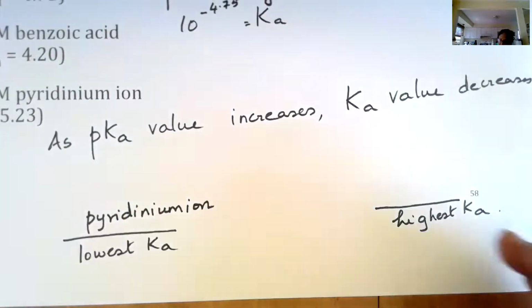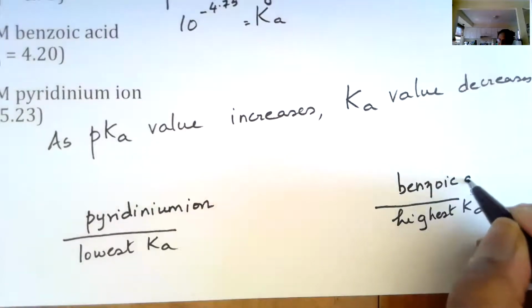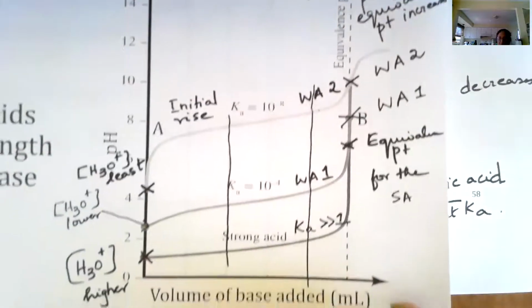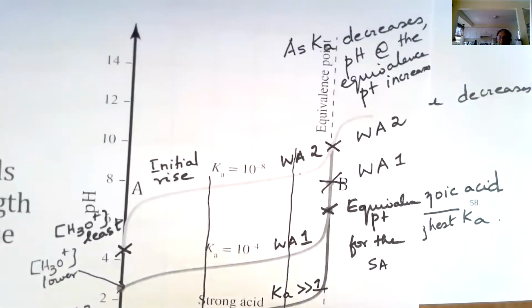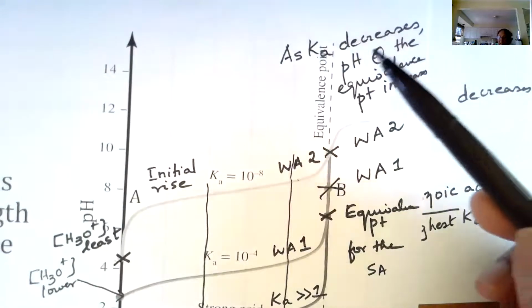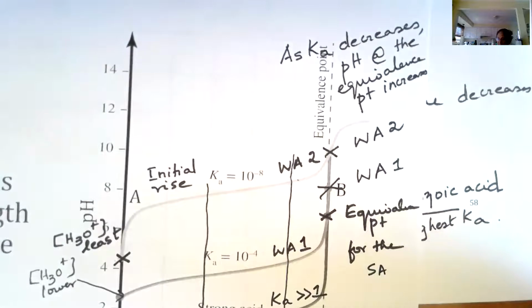And then on the other side, this is going to be benzoic acid. And now, what did we learn from the graphs? Which one will have the highest pH at the equivalence point? So remember our trend. As Ka decreases, pH at the equivalence point increases. See that?